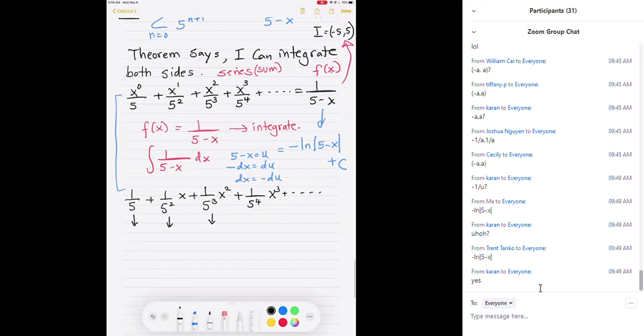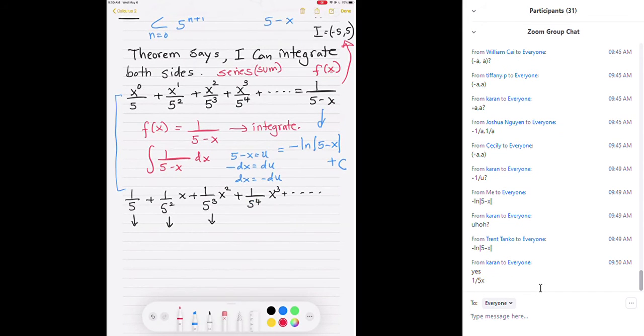What is the integral of 1/5? There you go. The integral of this one is going to be 1 over 5 squared x squared over 2, 1 over 5 cubed x cubed over 3, 1 over 5 to the 4 x to the 4 over 4. Right, people?